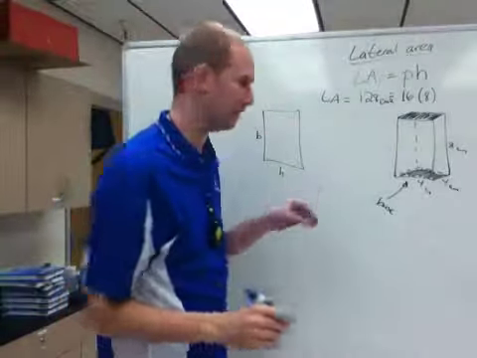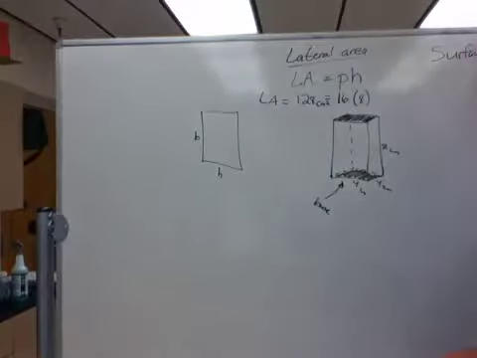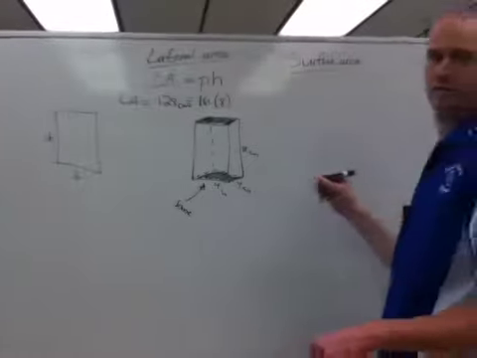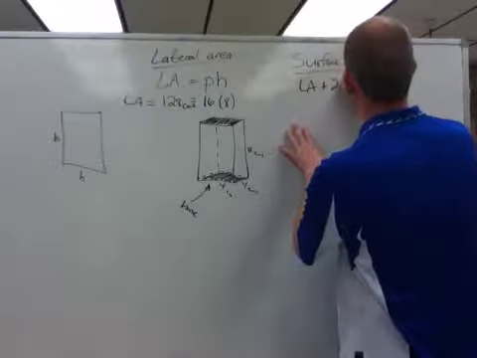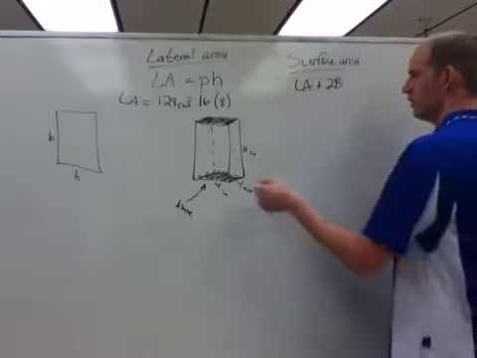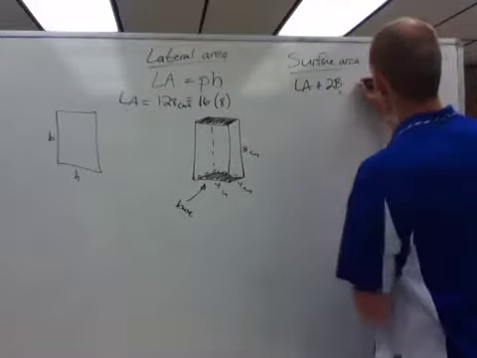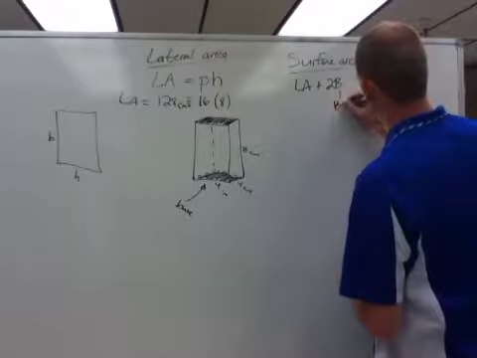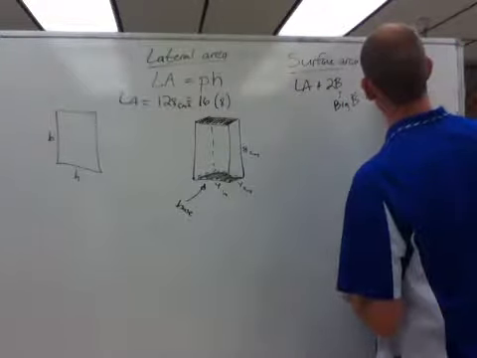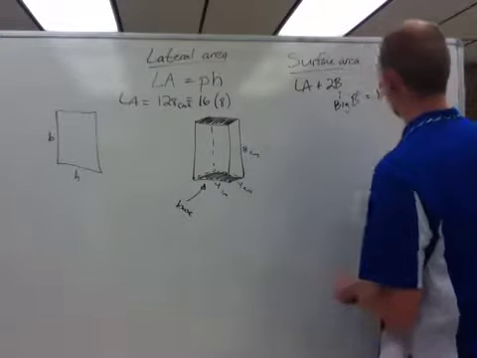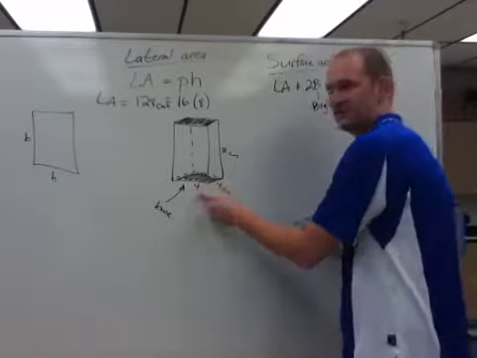My surface area is the lateral area plus the bases. And that's the area of the bases, this big B equals base. Area of the base, rather. So the area of the base here is 16.